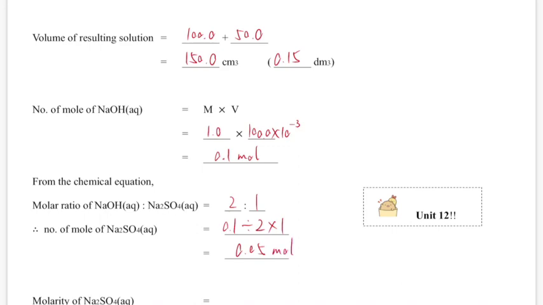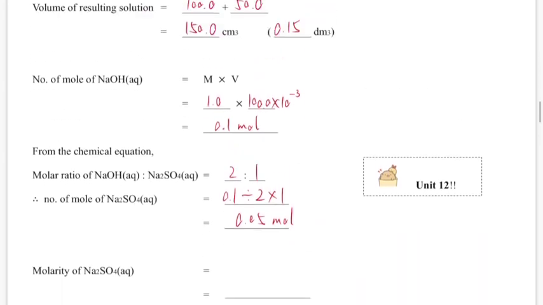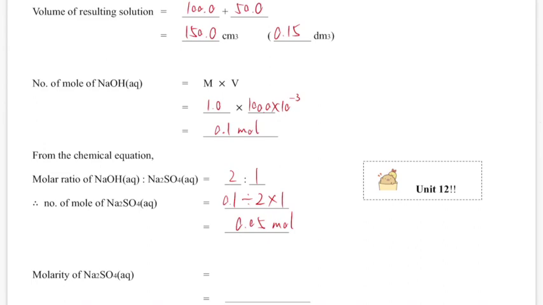Remember, divided by others, multiply by yourself. And then now we have number of mole of sodium sulfate, and we also have the volume of the resulting solution. So now easy for us to work out the molarity. So it should be number of mole 0.05 over the volume, which is 0.15. So the resulting solution's molarity will be 0.33 molar.